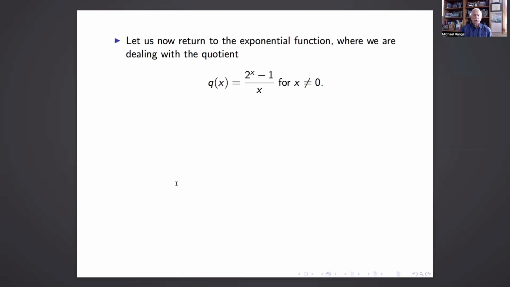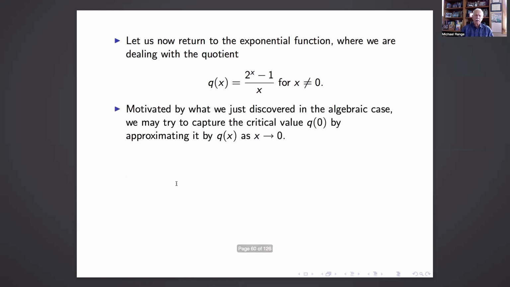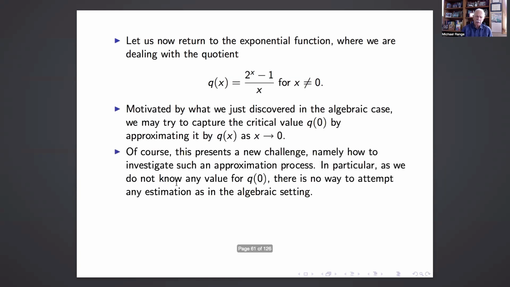Let us now return to the exponential function, where we are dealing with a quotient q at x equal to 2 to the power x minus 1 divided by x for x different from 0. Motivated by what we just discovered in the algebraic case, we may try to capture the critical value q at 0 by approximating it by q at x as x goes to 0.